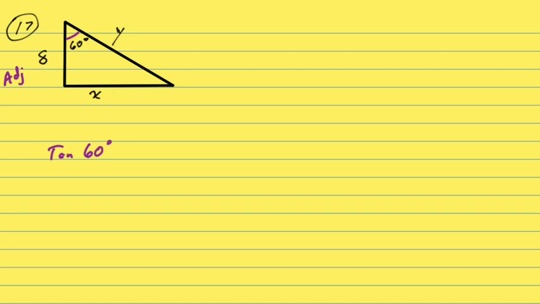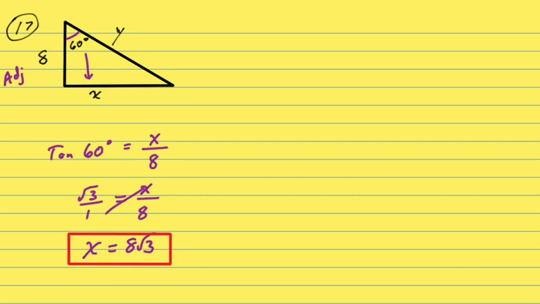Tangent of 60 degrees is equal to opposite over adjacent. Is the x opposite and is the 8 adjacent? Do you know what the tangent of 60 is on your trig table? Radical 3. So if you cross multiply, you would have what x is?